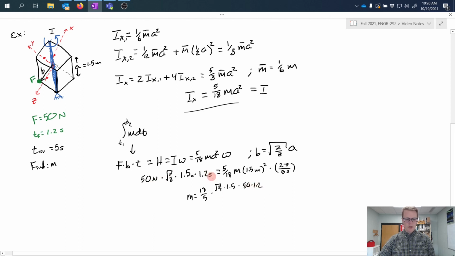I think I got everything from there. I got that multiplied across. Now I need to divide by 1.5 squared times 2 pi over 5. And if we do all of that correctly, I think we get 93.6 kilograms.